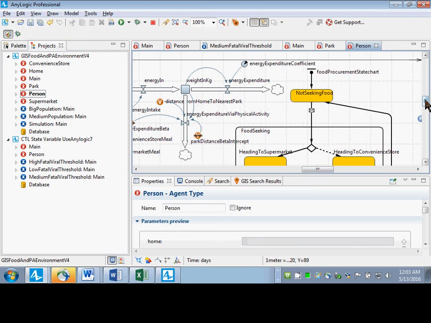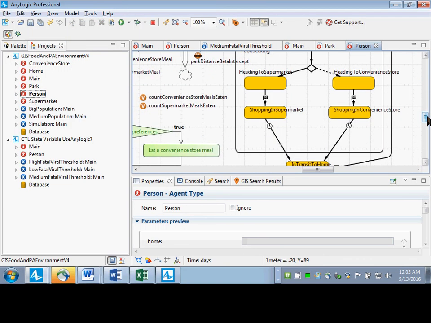They are very nice for capturing, with state charts, movement among categorical states, states that are distinguished as categorical variables. The fact that I'm in a state of diabetic versus normal glycemic, or I'm in a state of unemployment, part-time employment, or full-time.